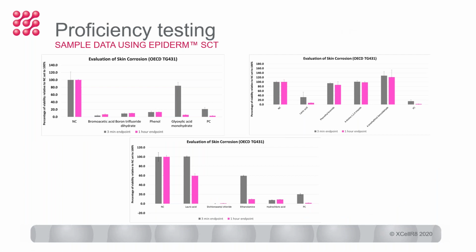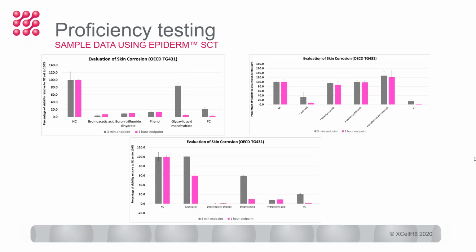I'm not expecting you to be able to read the details of this. This is just to show you some sample data generated in our lab using the epidermis skin model for the skin corrosion method. For each of the 12 proficiency chemicals, we've done the incubation at the required 3 minutes and 1 hour time point, which is shown by the grey and the pink blocks respectively.